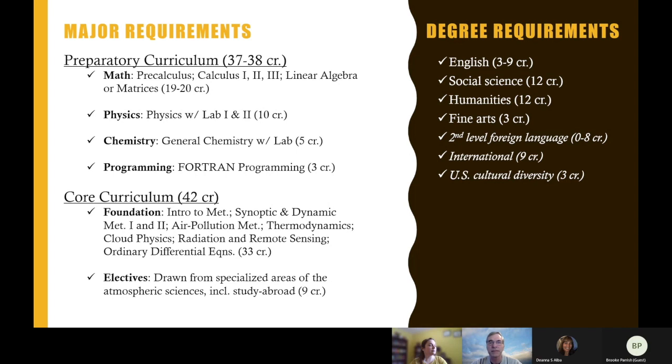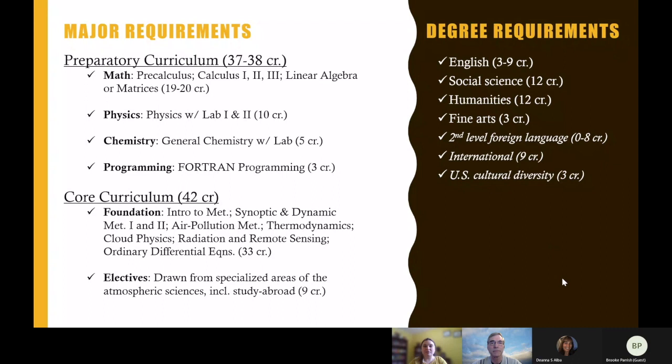Also, in Letters and Science, there are a number of degree requirements: English credits, social science credits, humanities, and fine arts. And so all these additional distribution requirements are something that you can undertake in your 4 years of study in a standard undergraduate program.